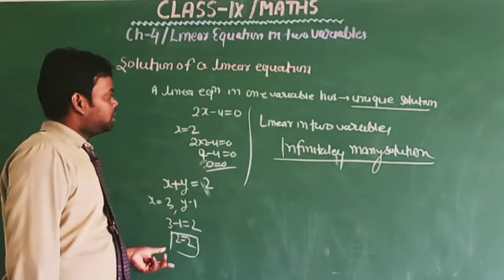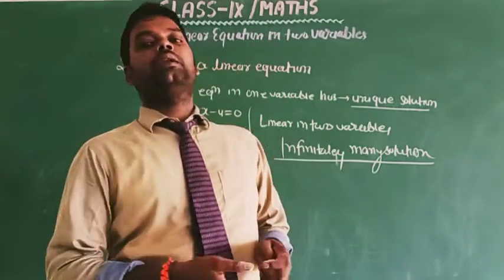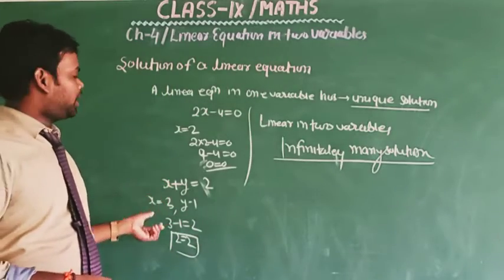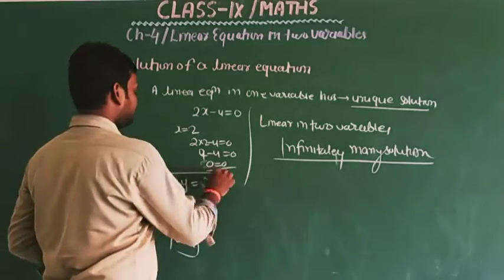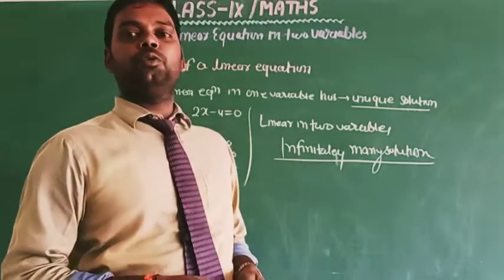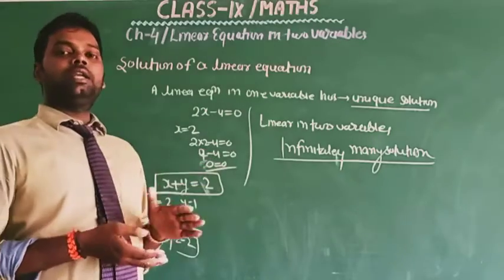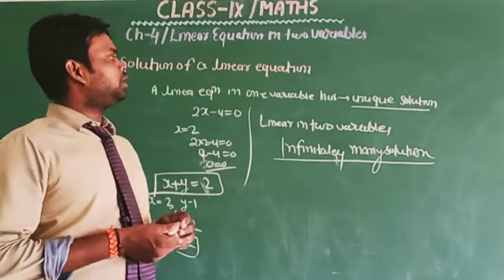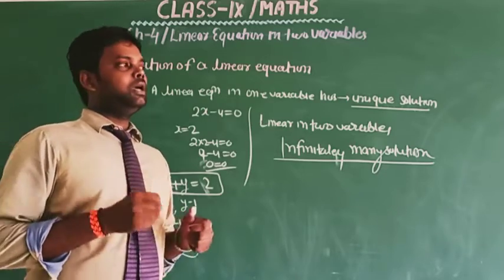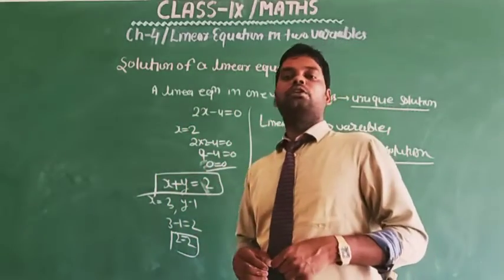In this way, there are many pairs of values of x and y that satisfy the equation. So it is clear that a linear equation in one variable has a unique solution, but a linear equation in two variables has infinitely many solutions.